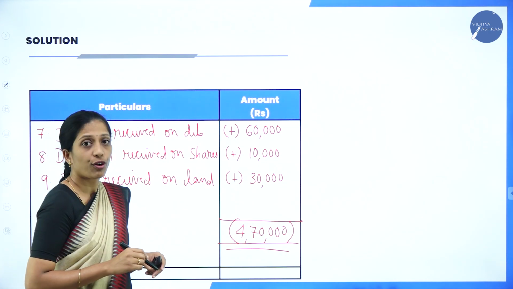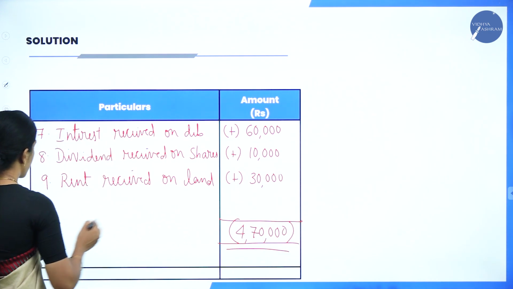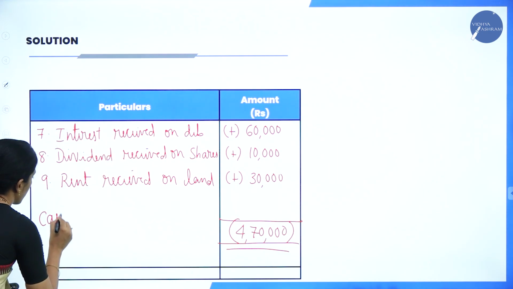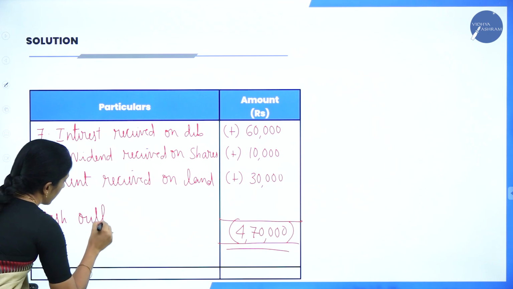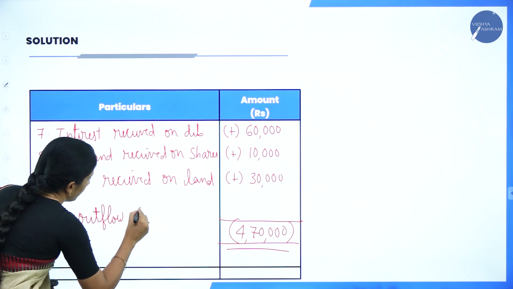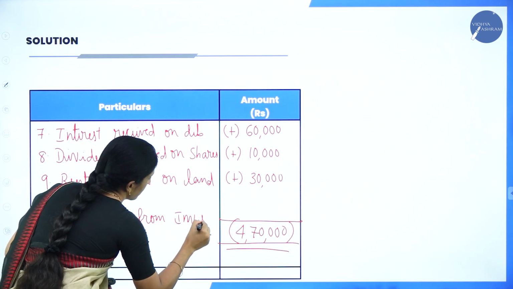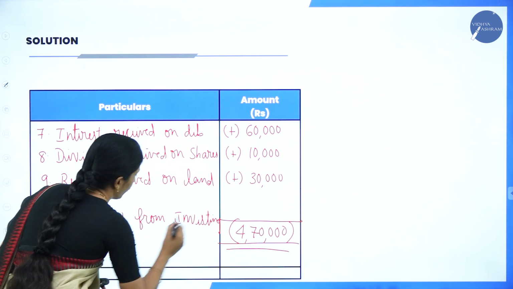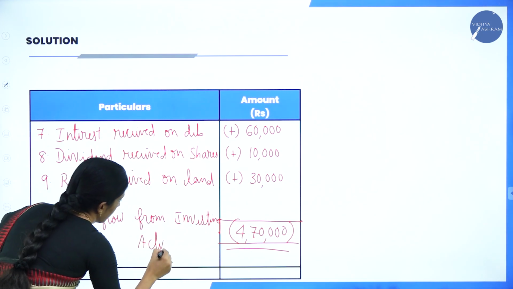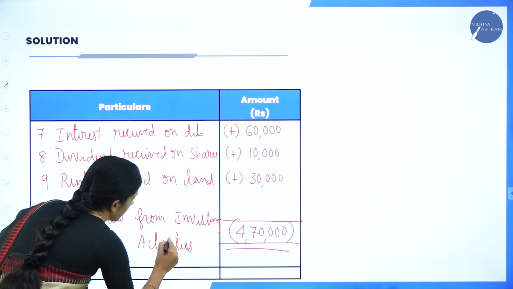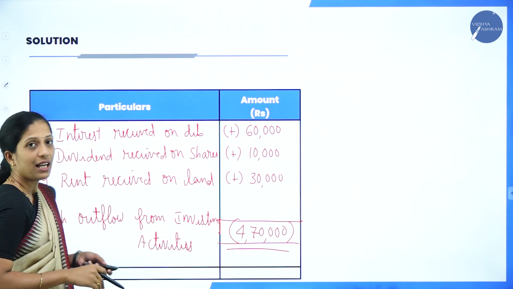So this is minus, so it is cash outflow from investing activities. So this is the answer.